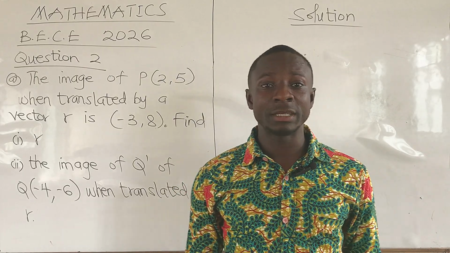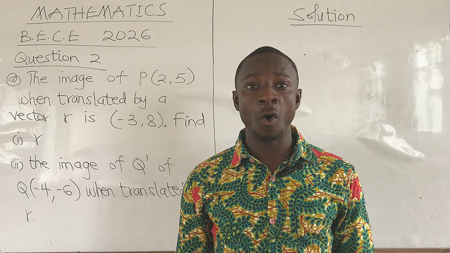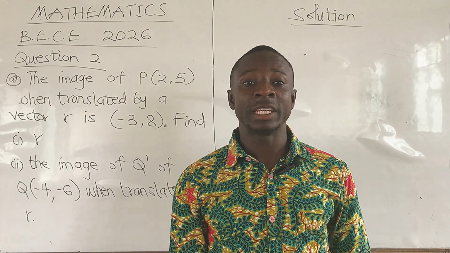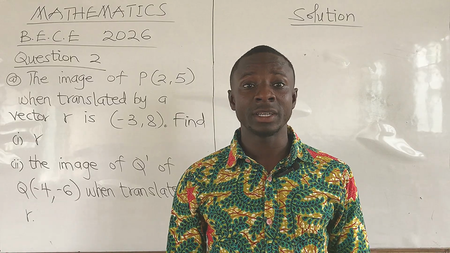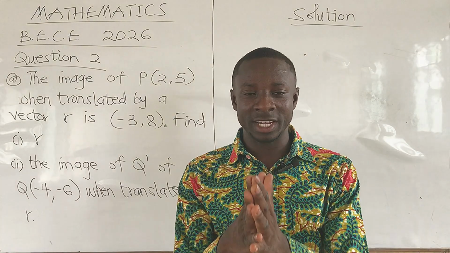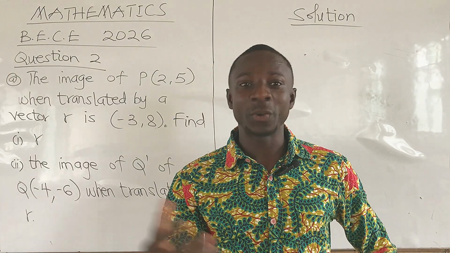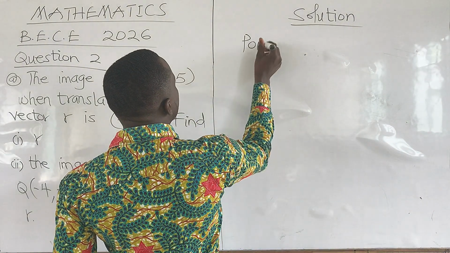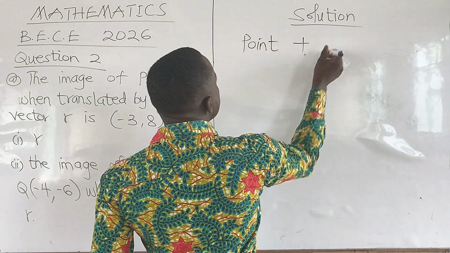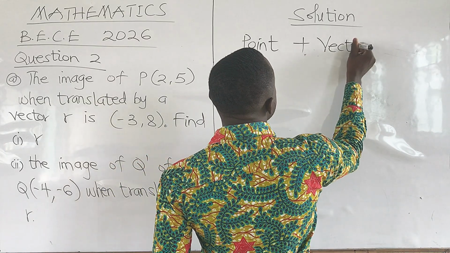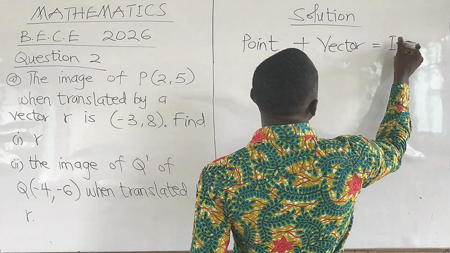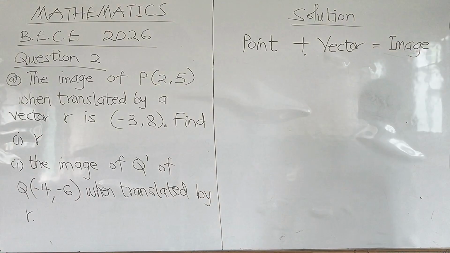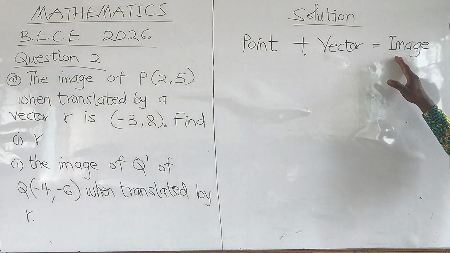So we have the point being the human being or the object, then the vector is going to be the phone you are going to use or the camera. Then after they come together, you get an image which becomes the picture. So from here, the point plus the vector give you the image.